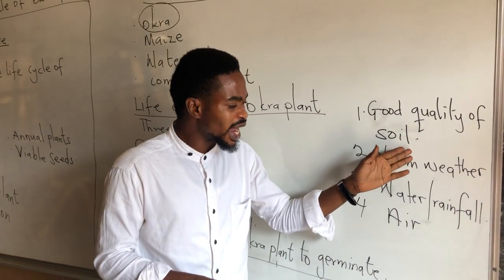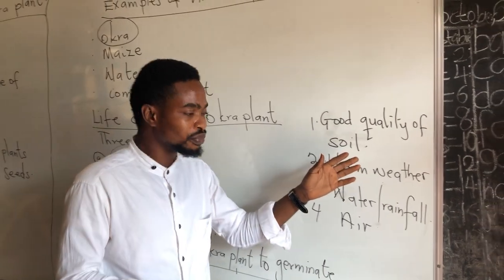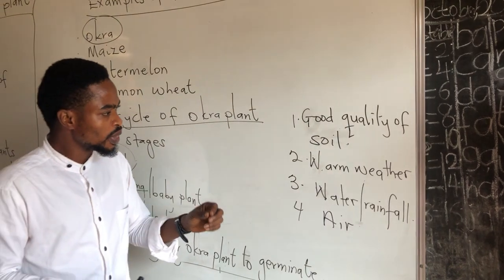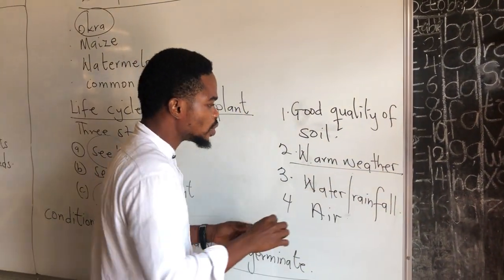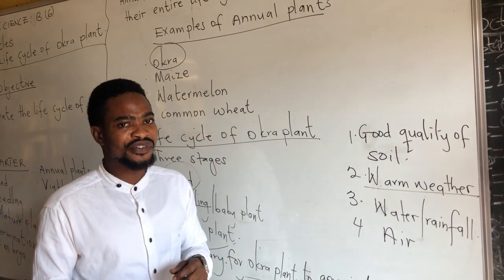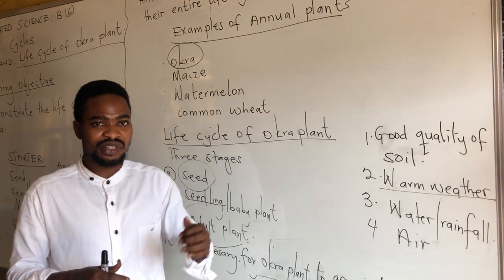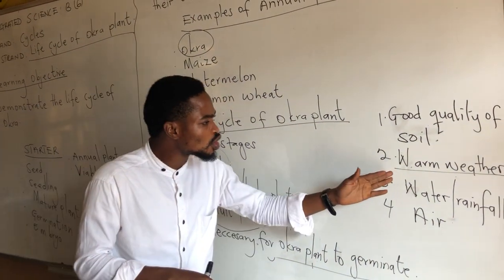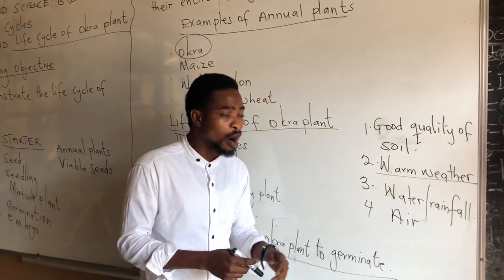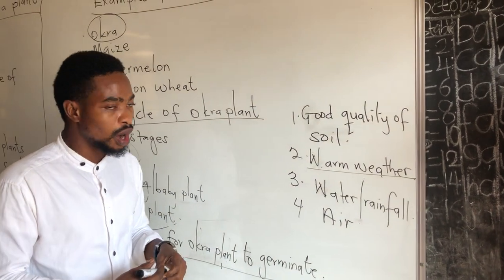Why? Because it is rich. So therefore, the okra plant will do well on loamy soil. We also consider warm weather. As we all know, every human being needs sunlight, which gives us vitamin D. So plants also need warm weather, or the sunlight, for them to do well.